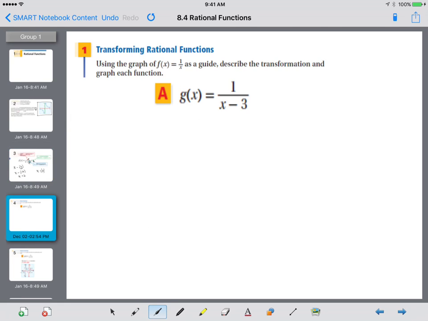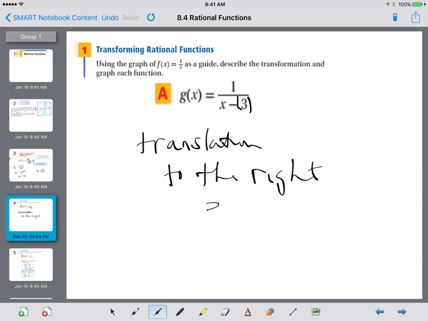We have x minus 3, which is technically, remember, our positive 3. So this would be a translation to the right 3 units.